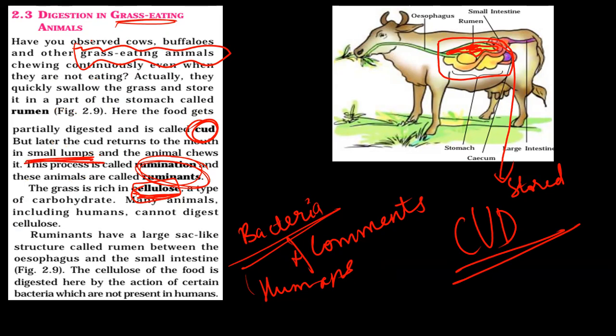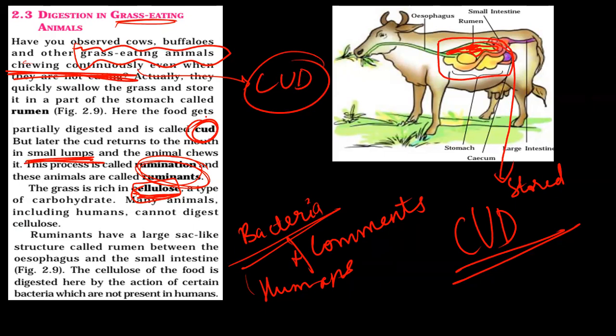That is why they keep chewing. You can see they're continuously chewing. They're actually chewing cud, not the grass directly. Then later they swallow and the digestive process continues. This process is called rumination and these animals are called ruminants.